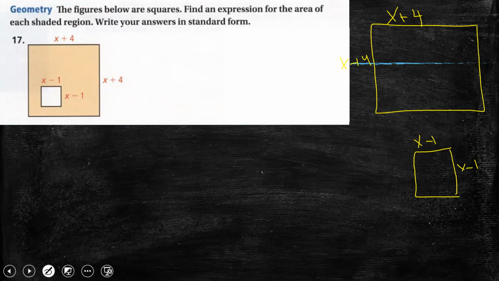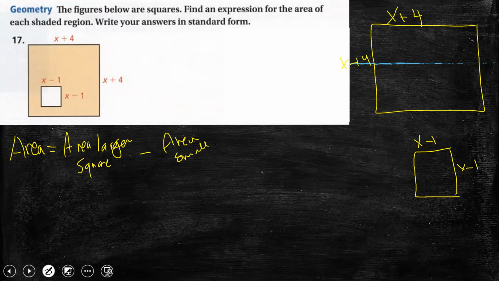As I told you, to find this area, I have to subtract the area of the larger square minus the area of the small square. This is my rule. Now, what is the area of the large square? It's x plus 4 times x plus 4, because it's a square and the area of any square is side squared. Is it right?